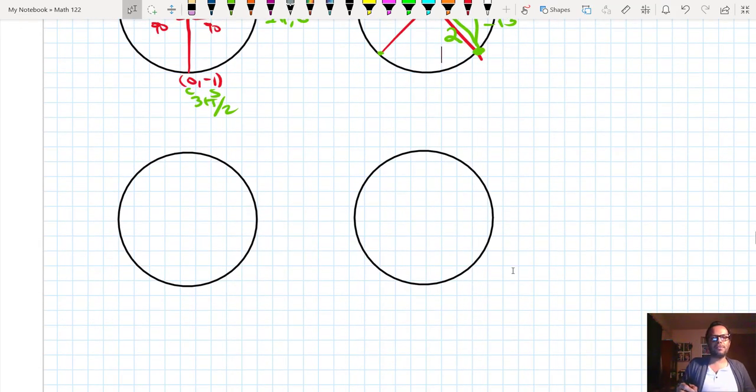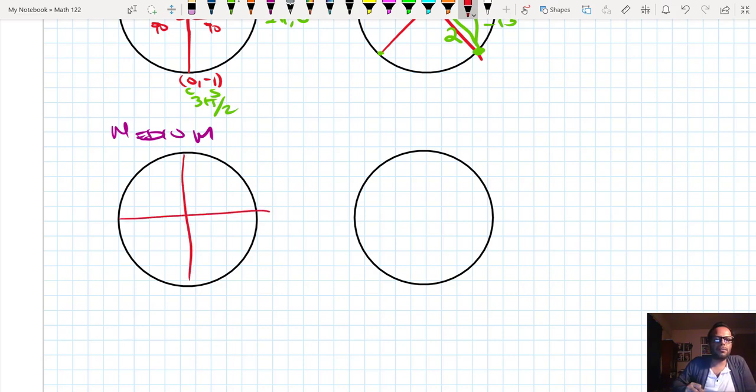Okay, let's do small pizza, medium pizza. Medium pizza, how many slices typically? Well, that's going to be 1, 2, divide that in 8 slices. Each slice will be 45 degrees. 45 times 8 is going to give us 360.